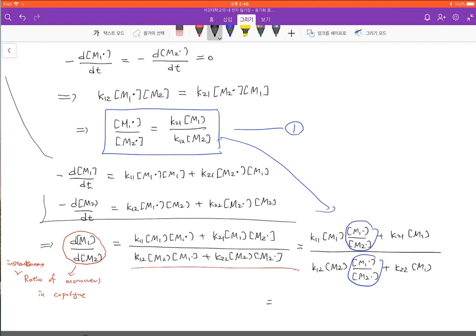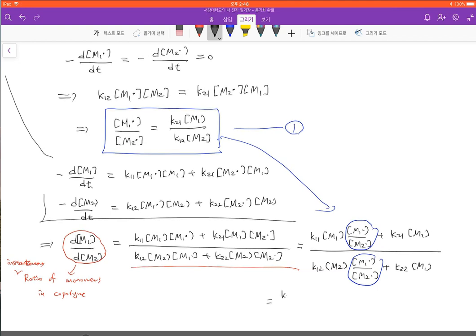And you can remove this part by using this. Then if you rearrange it, I'm going to skip the details.